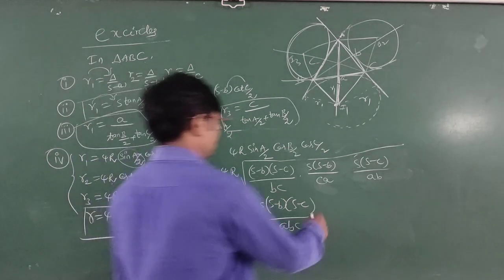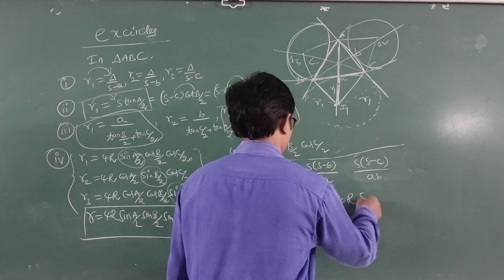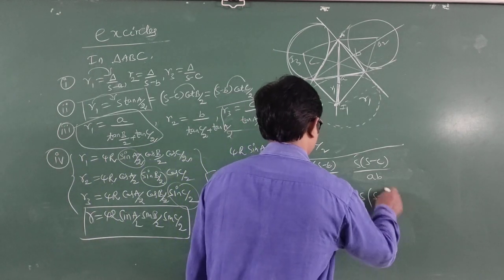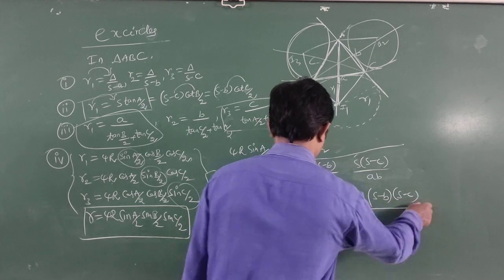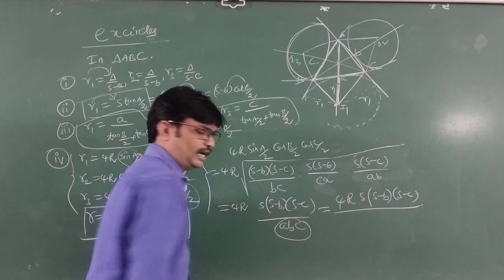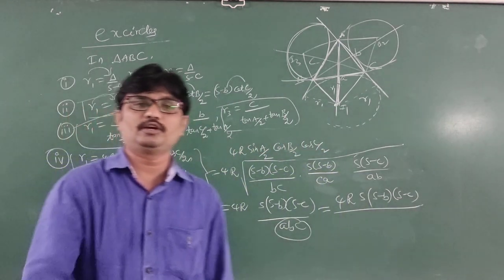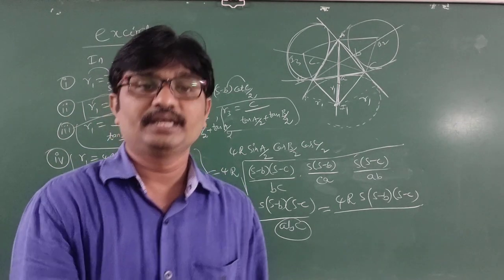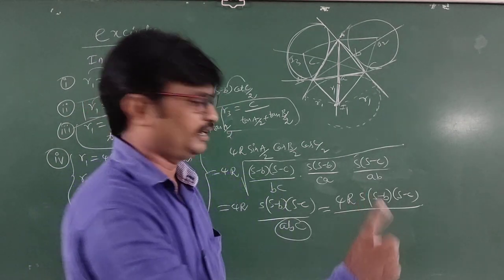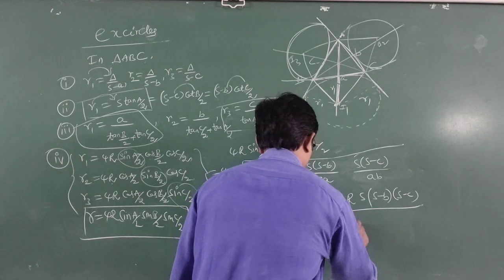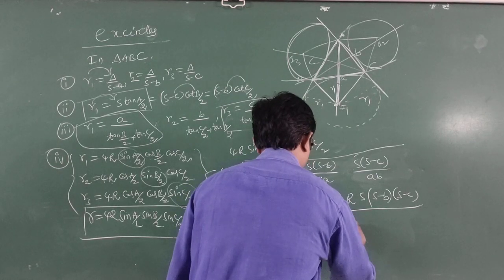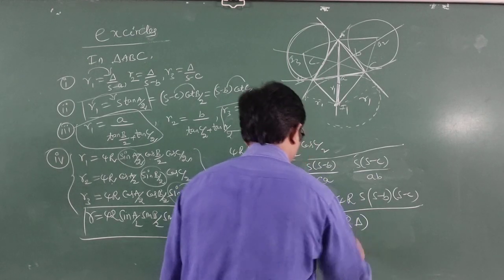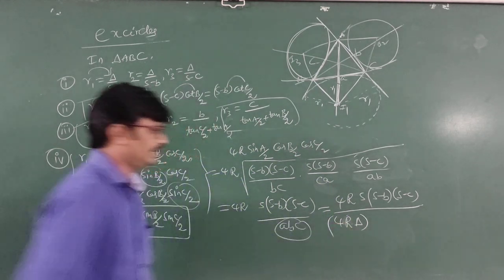How to write this: 4R s into (s minus b) into (s minus c). What is abc? We have to know that delta equals abc by 4R, so abc is 4R delta.